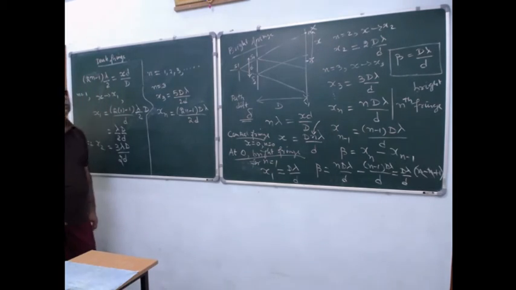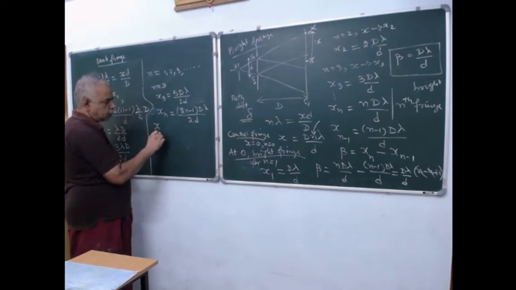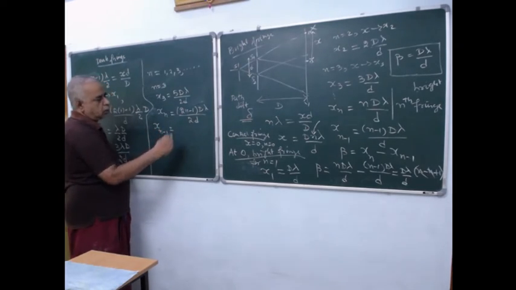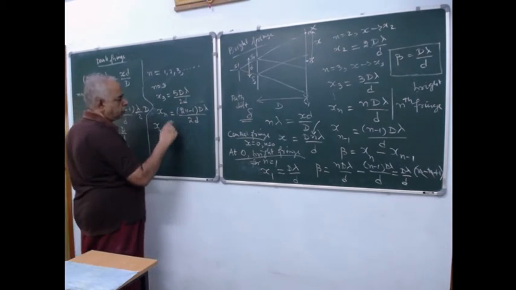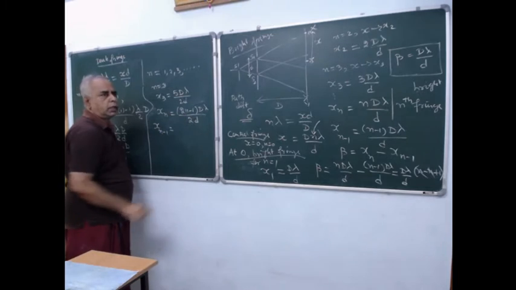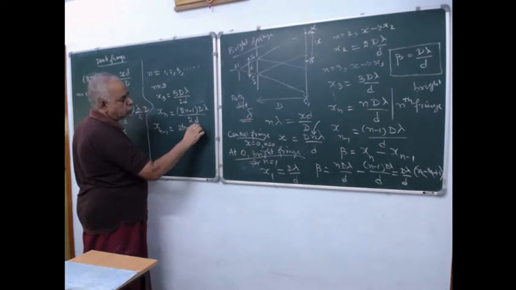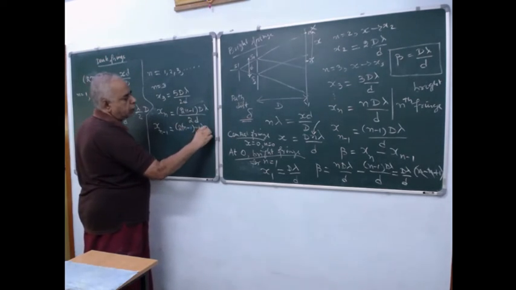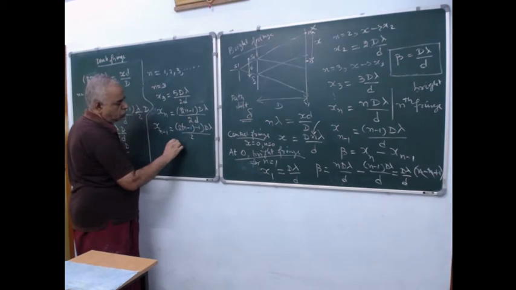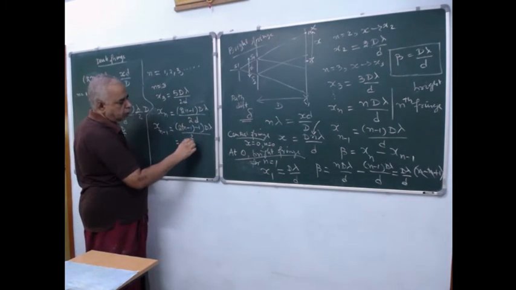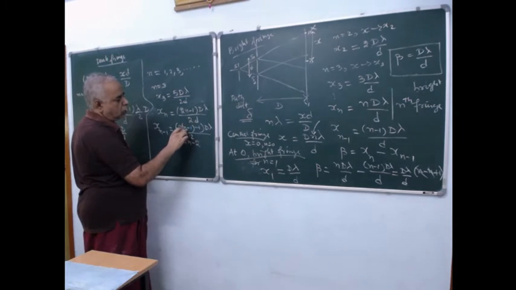Okay? Right? And let us consider the same x n minus 1. Here, instead of n, we have to put n minus 1. Therefore, 2 into (n minus 1) minus 1 into D lambda by 2d. So that is given by 2n, and here minus 2, is it not?